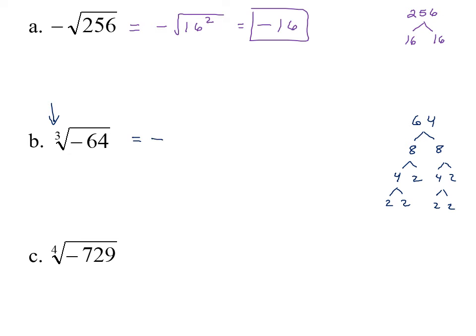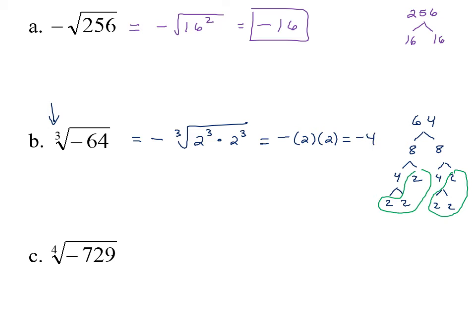So I'm going to have the negative cube root of, if I take one group of 3, and there's another group of 3, it's 2 cubed times 2 cubed. So since the power matches the index, or the number on the outside, they let you pull the base out in front. So we'll just have negative 2 times 2, which is negative 4. Both the first one and the second one, if you just type them in the calculator, you would just get negative 16 and negative 4.